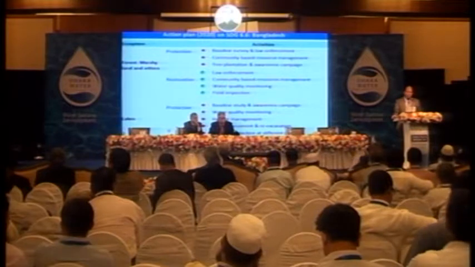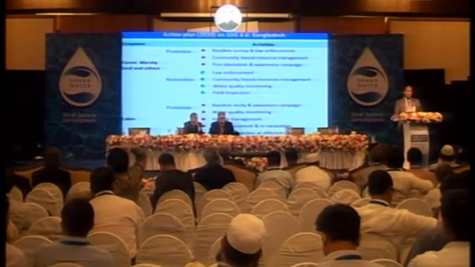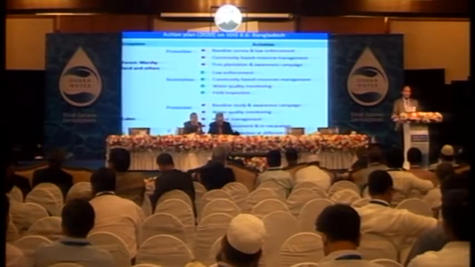The Bangladesh government has made an action plan to implement the SDG target 6.6 on different ecosystems. For forest, marshland and others, some protection and restoration measures are at the top side, and some protection and restoration measures for lakes in the lower part.